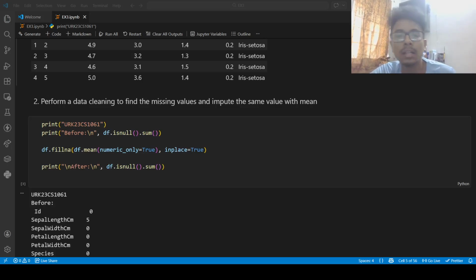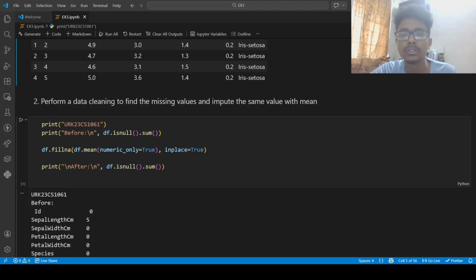Sepal length cm has 5 missing values. We replace those missing values with the mean of that whole column. For example, if the column values are 5.1, 4.9, not available, and 5.0, the mean of these is 5.0. Therefore, NaN becomes 5.0. This is the inference which we get from here.